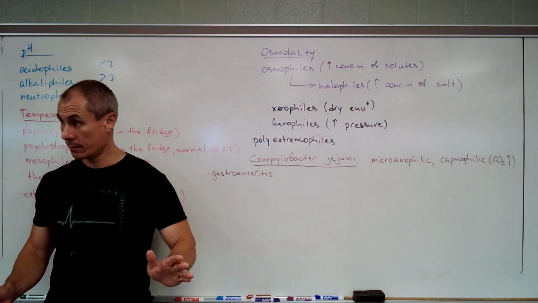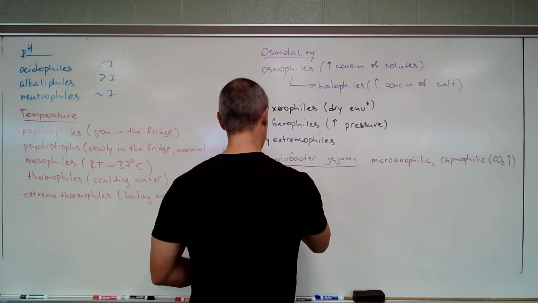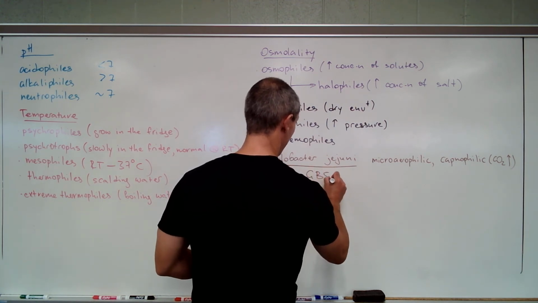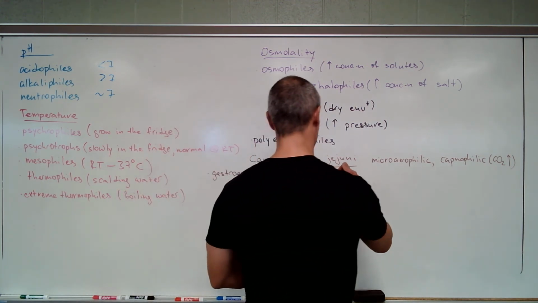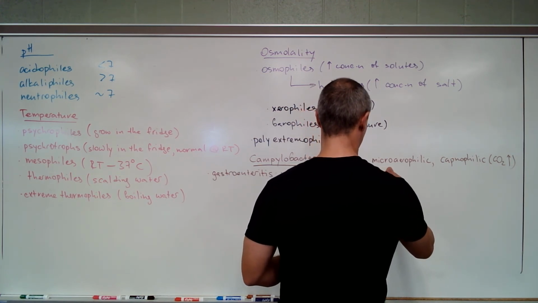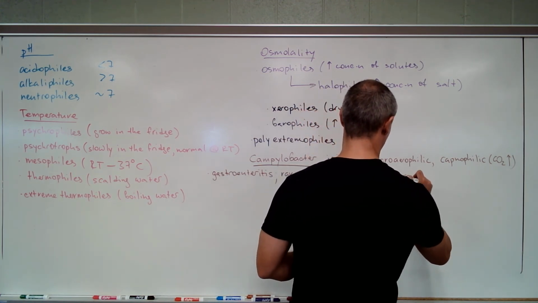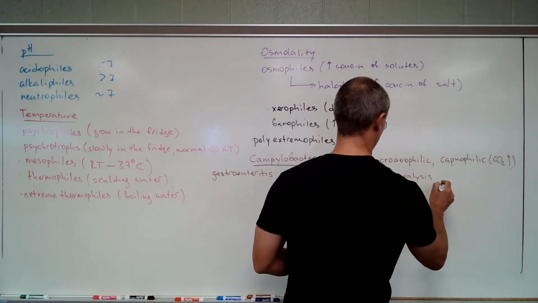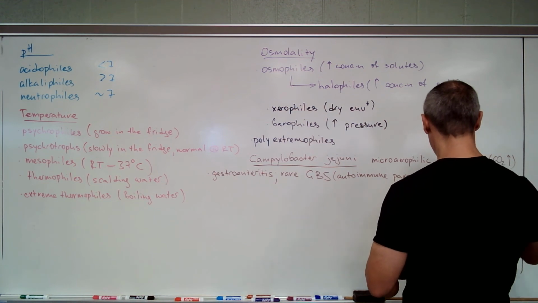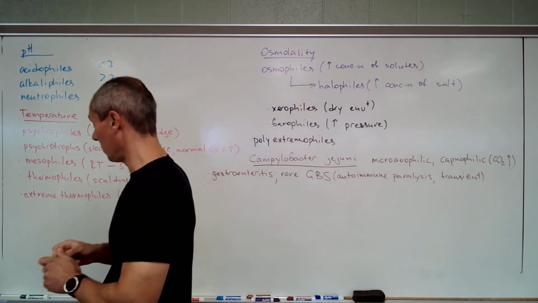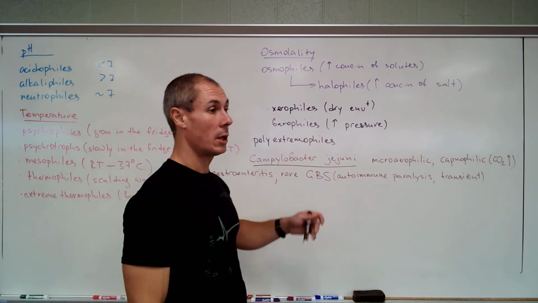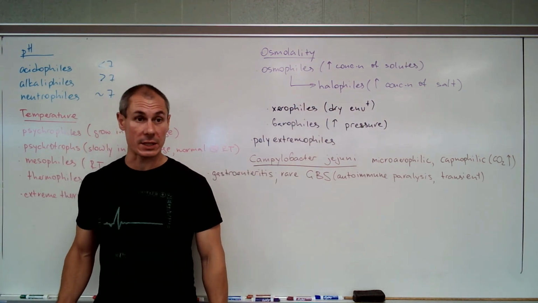Does that make sense? In rare cases it can cause Guillain-Barré syndrome, which is an autoimmune condition. Usually it is transient. There's a treatment, people receive intravenous immunoglobulins, and usually Guillain-Barré syndrome is successfully treated.